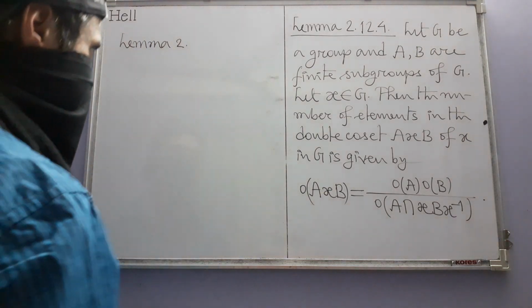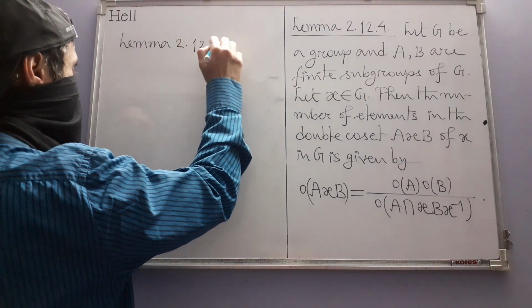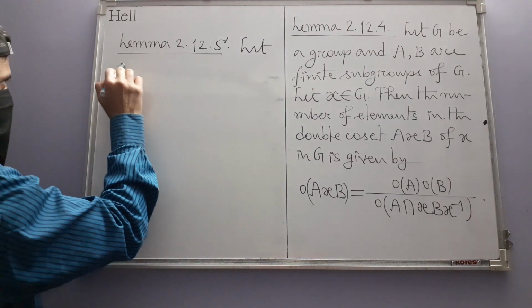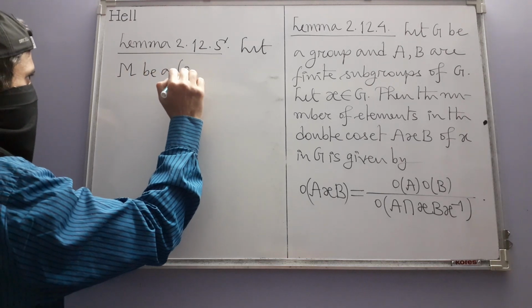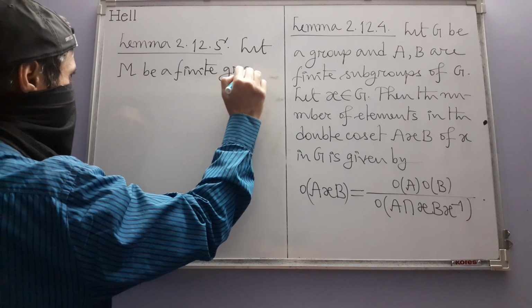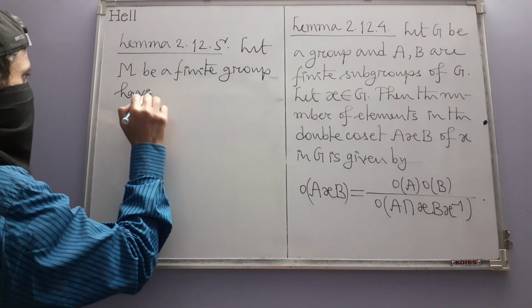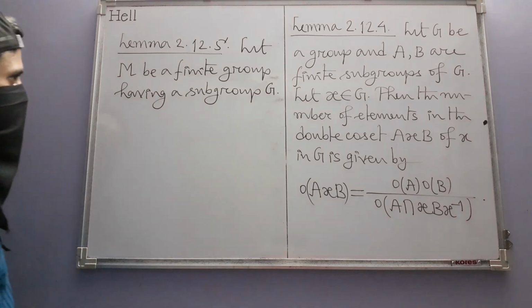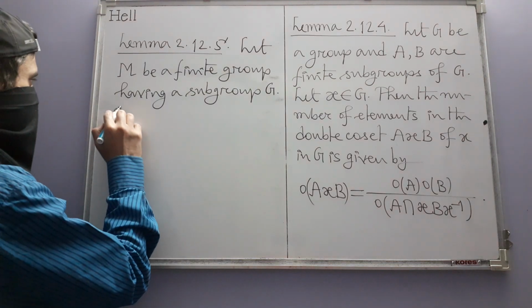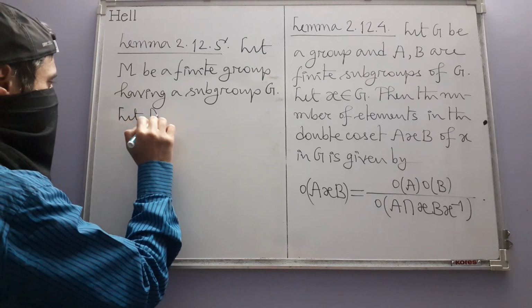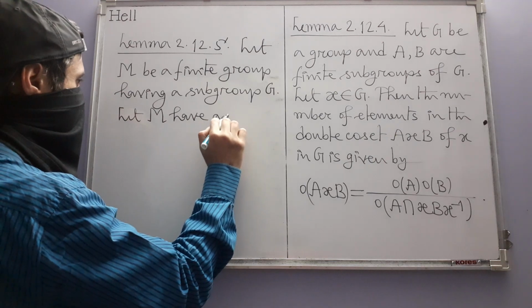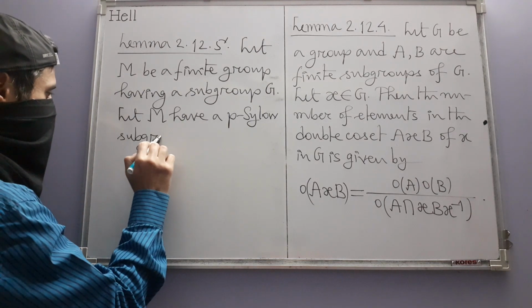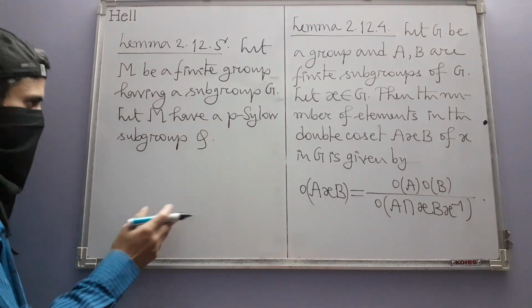This will be 2.12.5 after that one. Let M be a finite group having a subgroup G. Let M have a p-Sylow subgroup Q, where p of course is a prime.